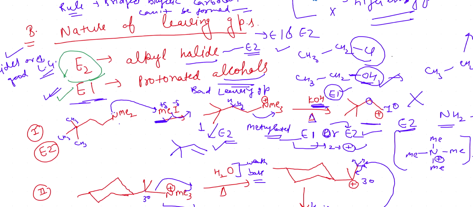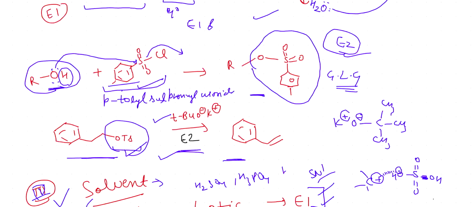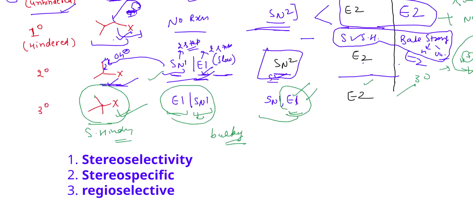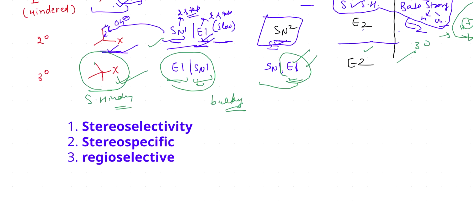If the OH group is protected, then it can also undergo E2 mechanism. So today's lecture was all about the factors affecting SN1, SN2, E1 and E2 mechanisms.